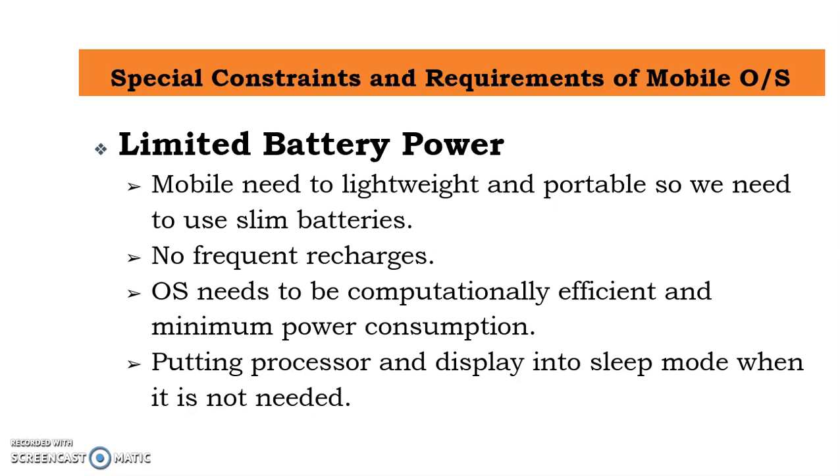The operating system needs to be computationally efficient with minimum power consumption. So only we can extend our battery power. And then next, putting the processor and display into sleep mode when it is not needed. These are all some constraints to improve battery power.